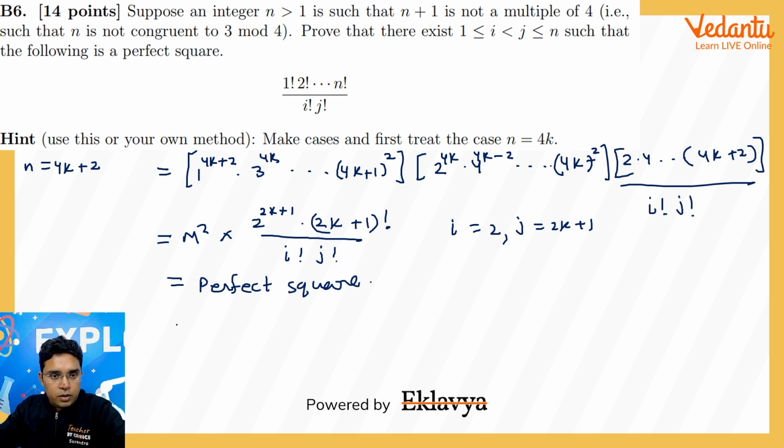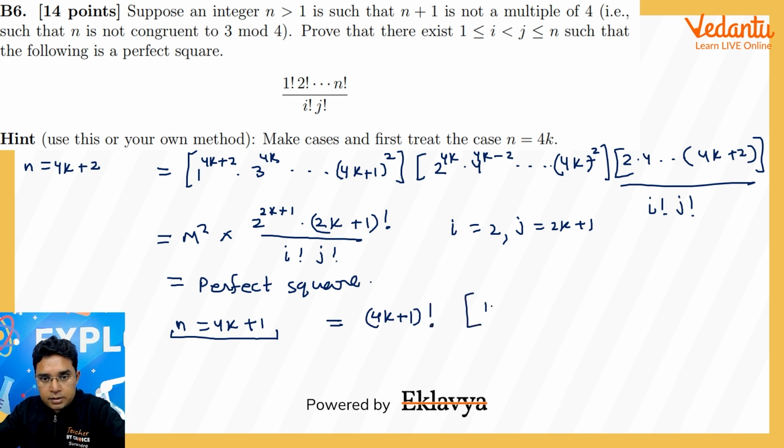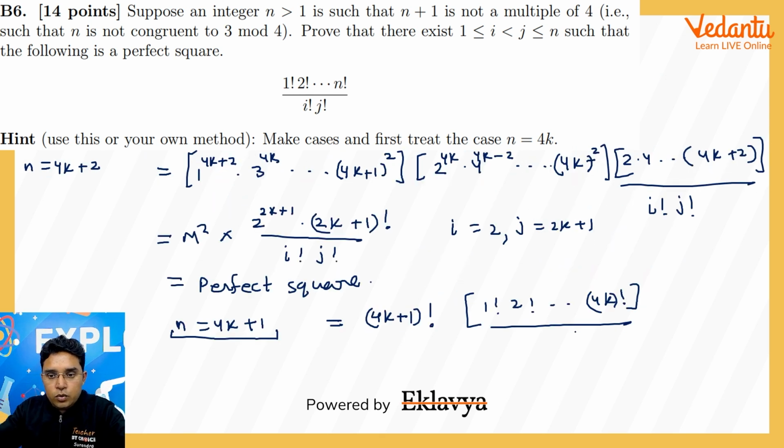Now the last thing, that is n is equal to 4k plus 1, because 4k minus 1 we are not allowed to take, so 4k plus 1. So in this case what we can say, that this given expression can be written as 4k plus 1 factorial outside, and all those things that we got for the first case, that is 1 factorial, 2 factorial, and so on, 4k factorial. And if you remember, for that I needed i as 1, so let us not write i, let us write j as, I think I needed j to be 2k factorial.